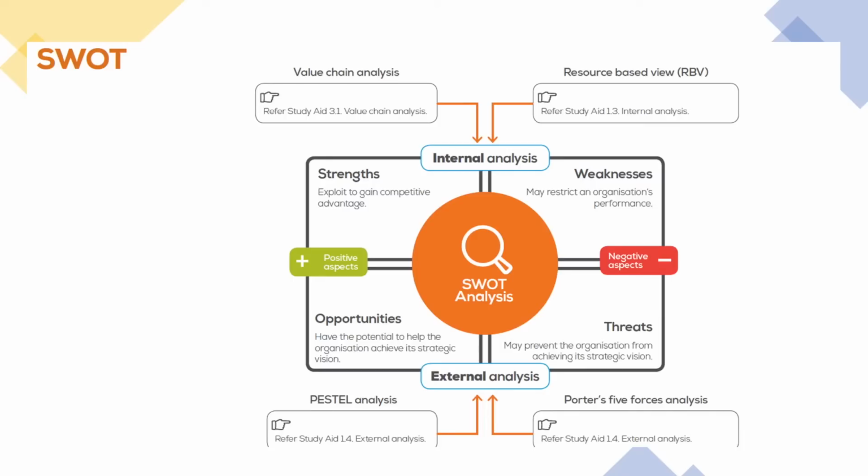So for any organization, any hurdle, or anything that is preventing the organization from achieving its targets, from achieving its strategic vision goals, means it is a threat. And how can strengths be used to reduce the risk of threats?